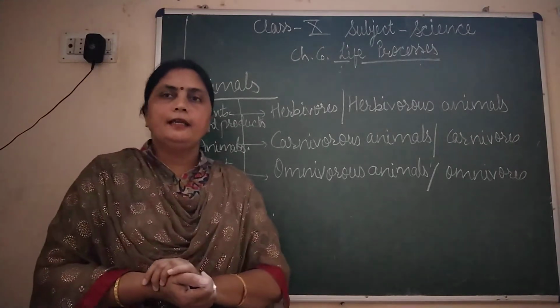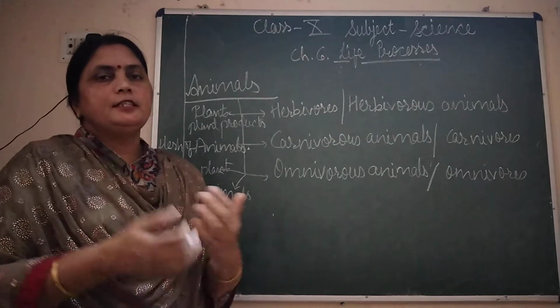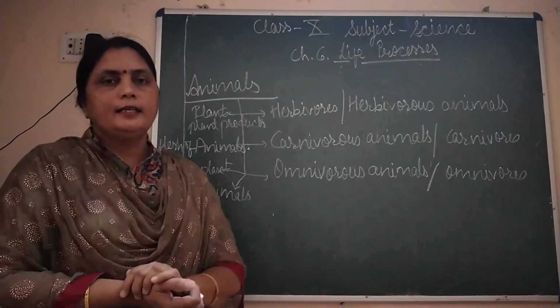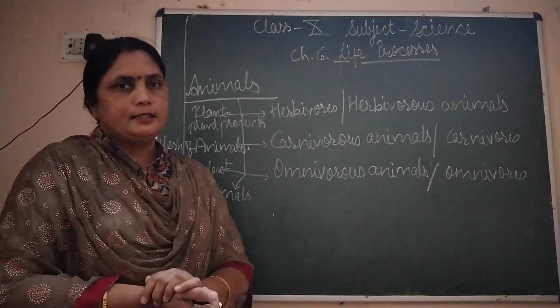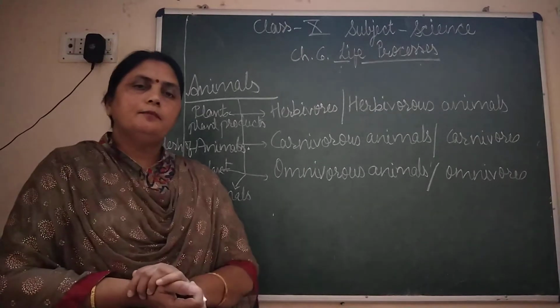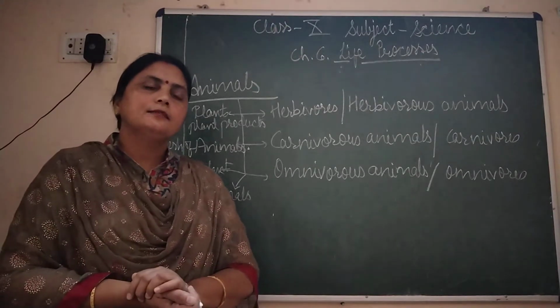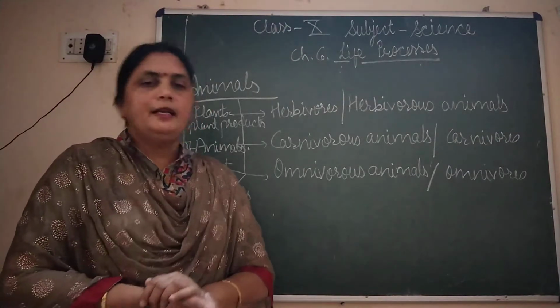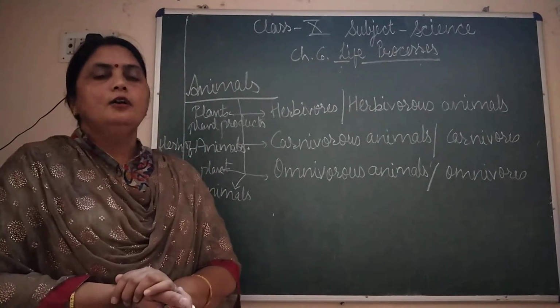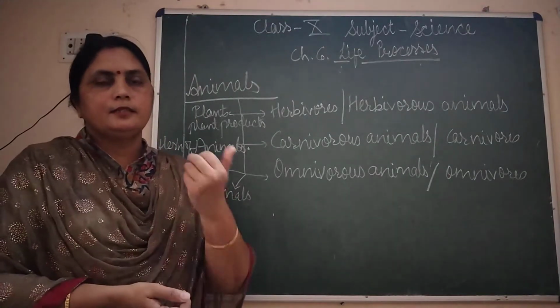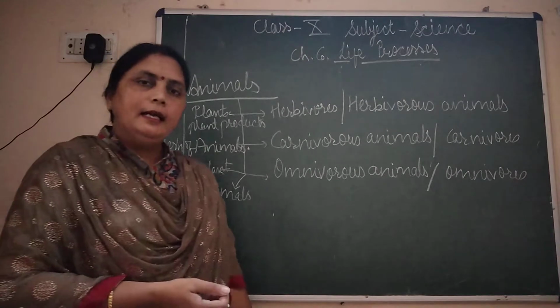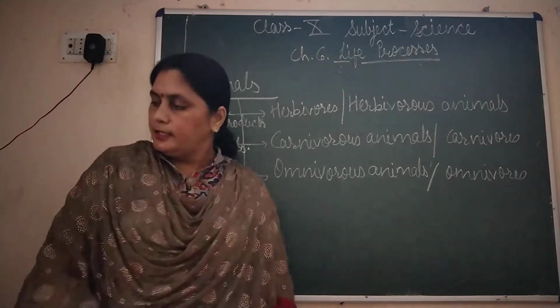Whereas holozoic animals take their food from outside and then digest it. So today we are going to talk about nutrition in animals, and mainly we are talking about the holozoic animals, the animals which take food from outside and then digest it inside their body.